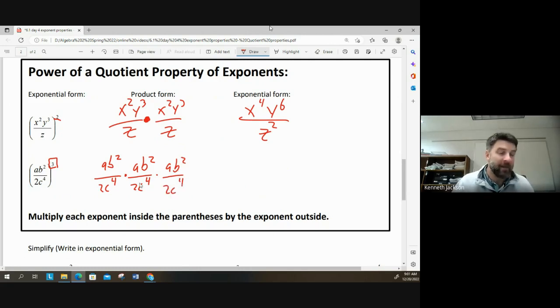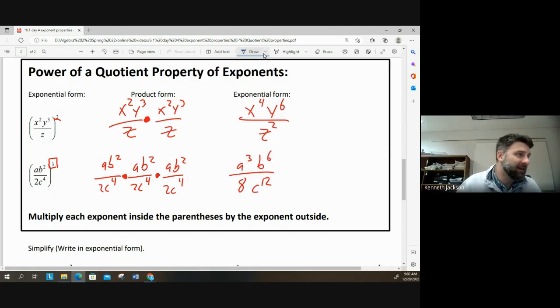Okay, so if you multiply by the same base, add the exponents. a to the third, b squared, b squared, b squared, b to the sixth. 2 times 2 times 2, that's 8. c to the fourth, c to the fourth, c to the fourth, that's c to the 12th.